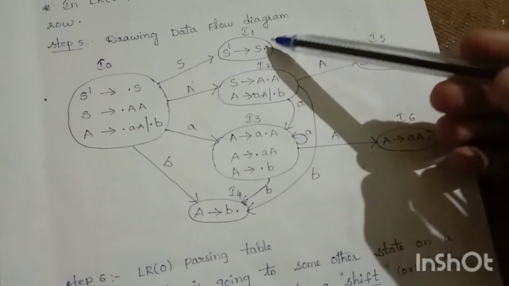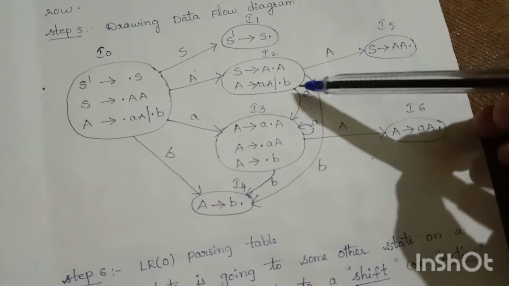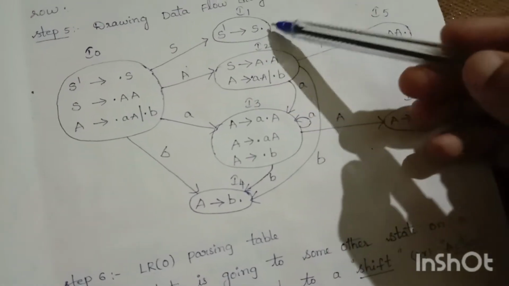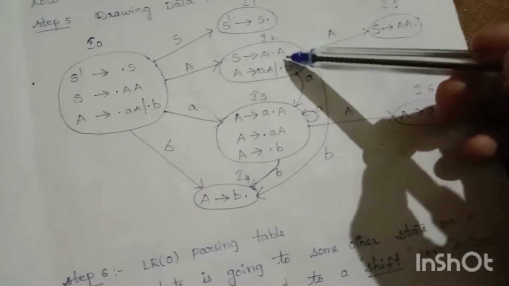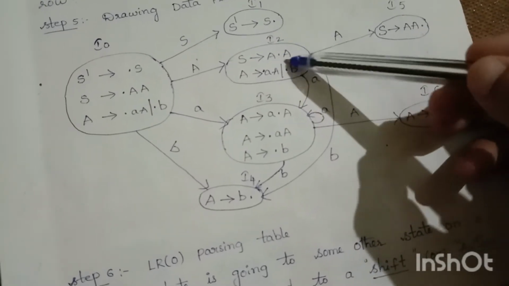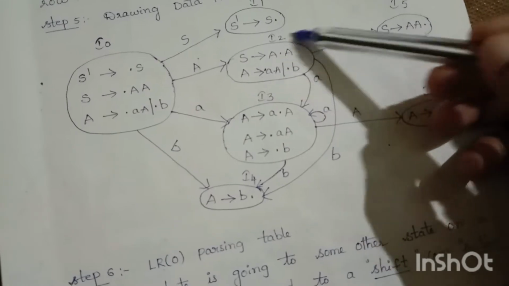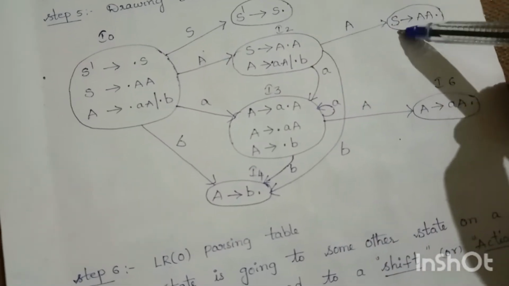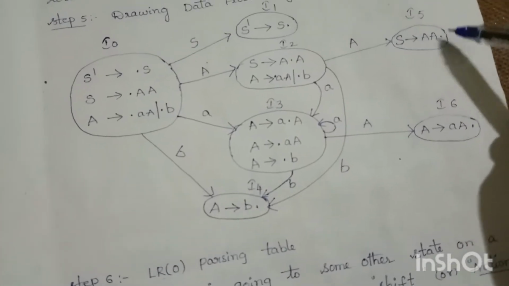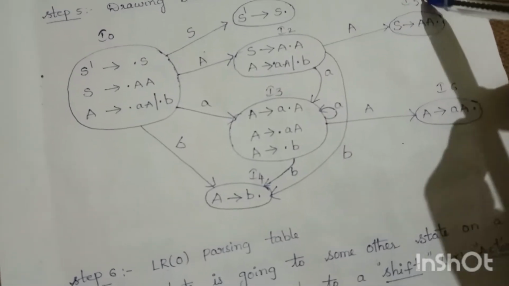Okay, now we come from the starting place. Now check this. I1, already the dot is placed at the last of this symbol. Next I2, so here before A there is a dot, so this you need to shift. So on symbol A, it becomes S tends to A A dot. This I am writing as state I5.